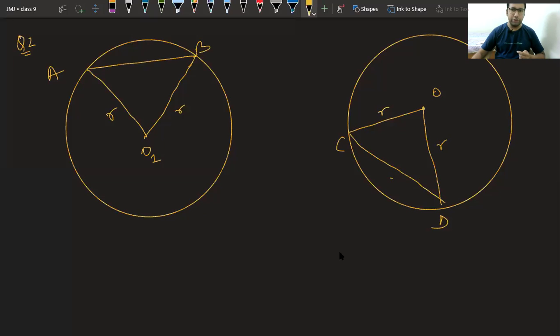So see, we have OC and OD and this is CD. In this question they are saying, prove that if chords of a congruent circle subtend equal angle at the center. So we can say this is angle 1 subtended by chord AB. This is angle 2 subtended by chord CD. So given to us is angle 1 equal to angle 2, and we have to prove now the opposite thing, AB equal to CD.